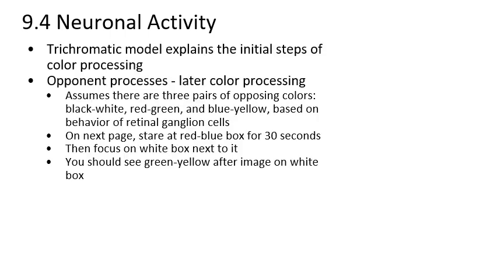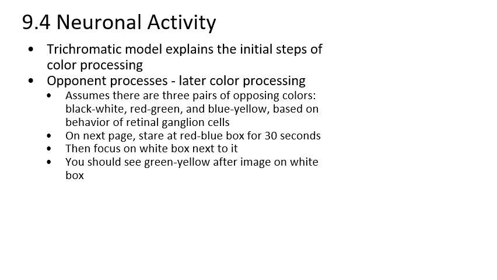So the trichromatic model that we were just talking about explains the very first steps of color processing, and later processing of color can be explained by the opponent processes theory, which assumes that there are 3 pairs of opposing colors: black-white, red-green, and blue-yellow. This is based on the behavior of retinal ganglion cells. So just a little introduction to this.